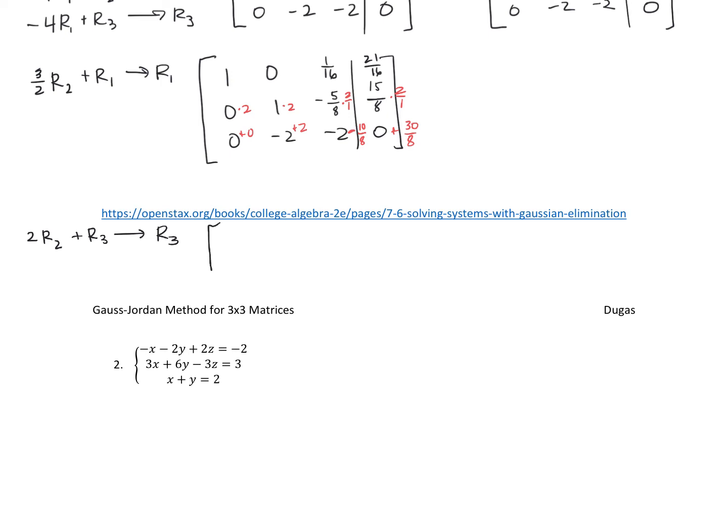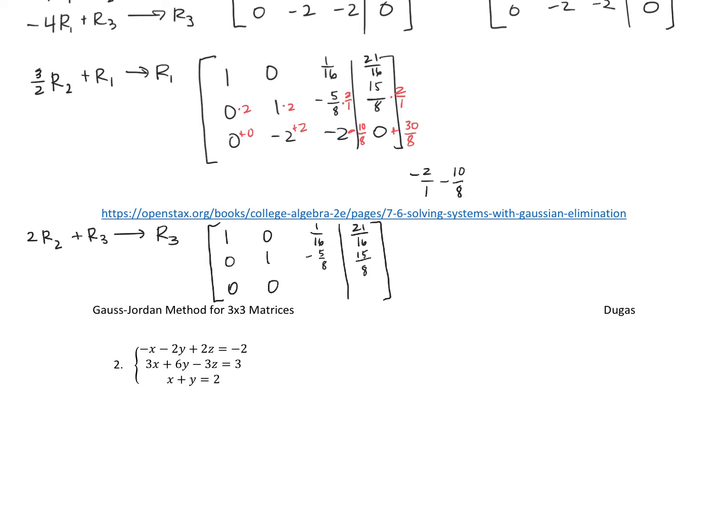Okay, so 1 0 1/16, 21/16. Second row does not change either, so 0 1 negative 5/8, 15/8. And then the last row is going to change. So 0 plus 0 is 0. Negative 2 plus 2 is 0. We have negative 2 minus 10/8.